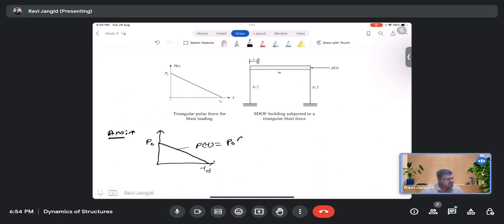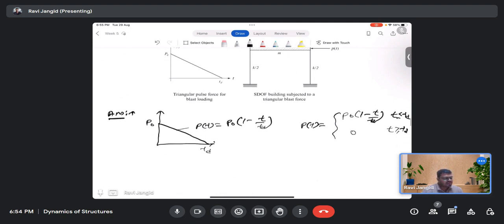Yes, that would be p naught into 1 minus t over t d. So my p t would be p naught into 1 minus t over t d for t less than t d, and it would be 0 if t is greater than or equal to t d. Okay, this is my p t expression.